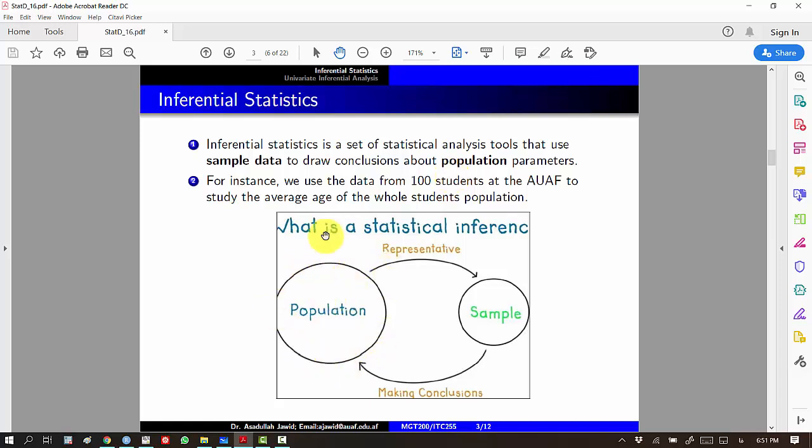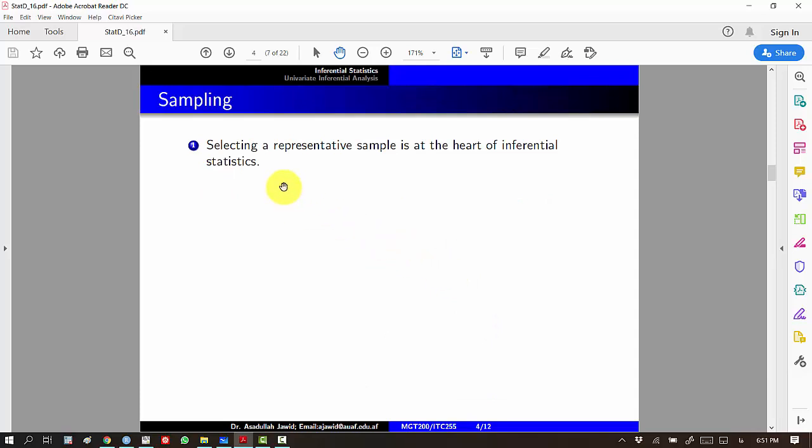In general, in inferential statistics, we draw a representative sample from the population, analyze the data from that sample, and then draw conclusions based on the analysis of sample data about the whole population. Hence, sampling is an important first step in inferential statistics. In fact, selecting a representative sample is at the heart of inferential statistics.